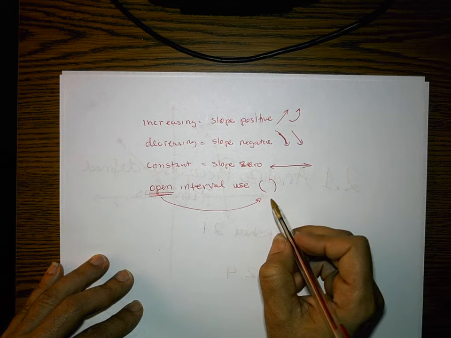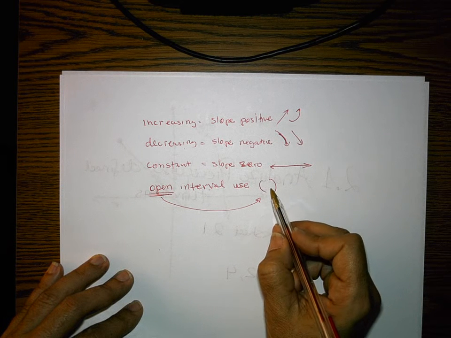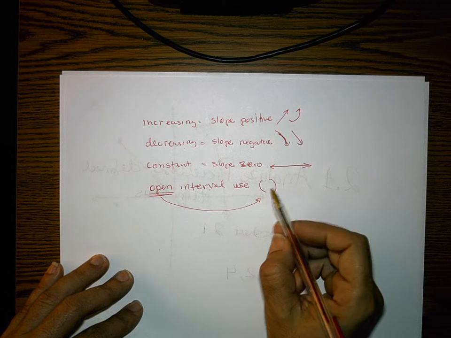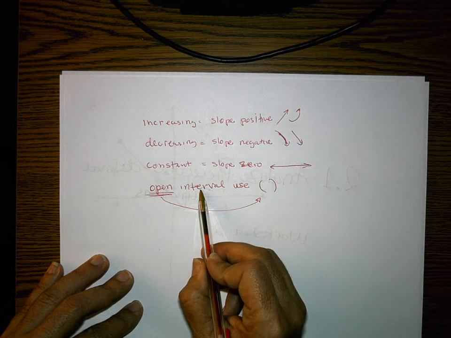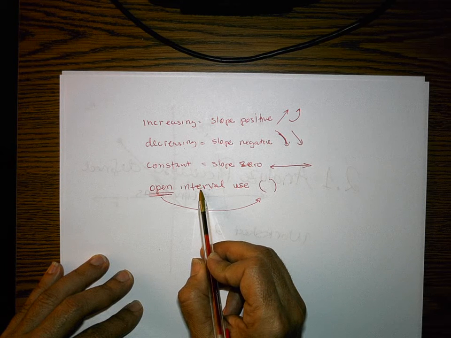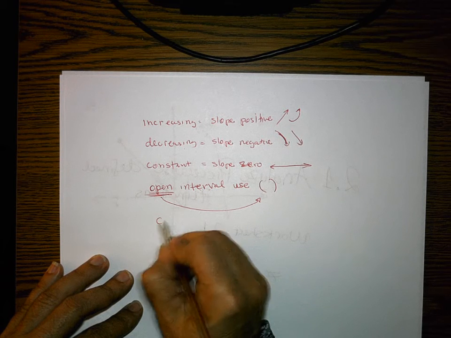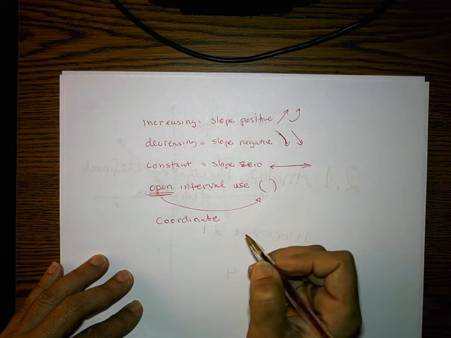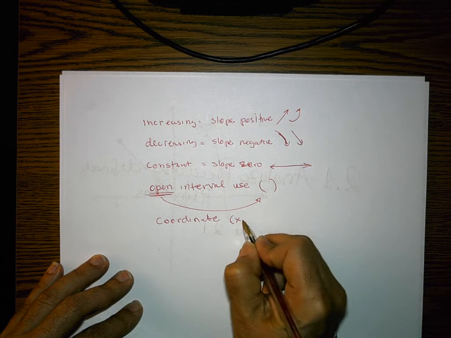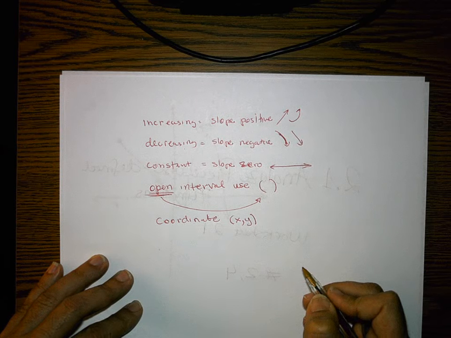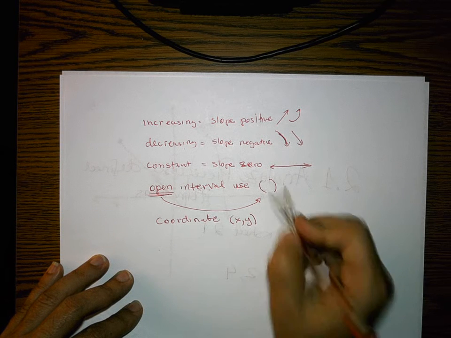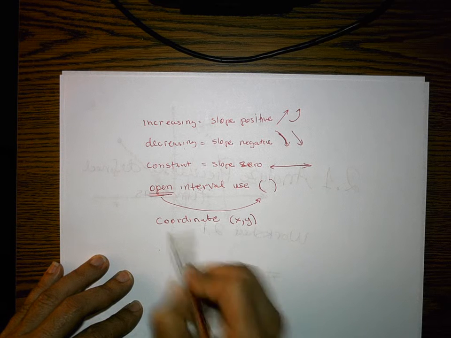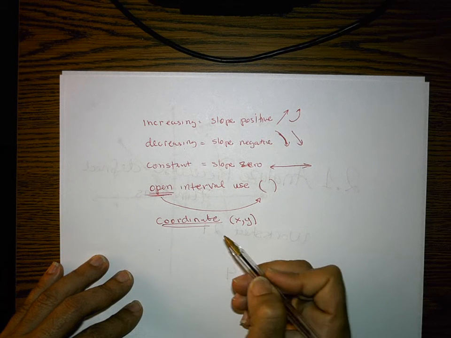A lot of the students get confused because they see parentheses and they see 2 numbers inside. They think it's an ordered pair, but this is just an open interval of the domain. If I want an ordered pair, I'll use the word coordinate. If I use the word coordinate, then I want an x comma y. So for an open interval we use parentheses. A coordinate also uses parentheses, but you have to pay attention to the vocabulary word.